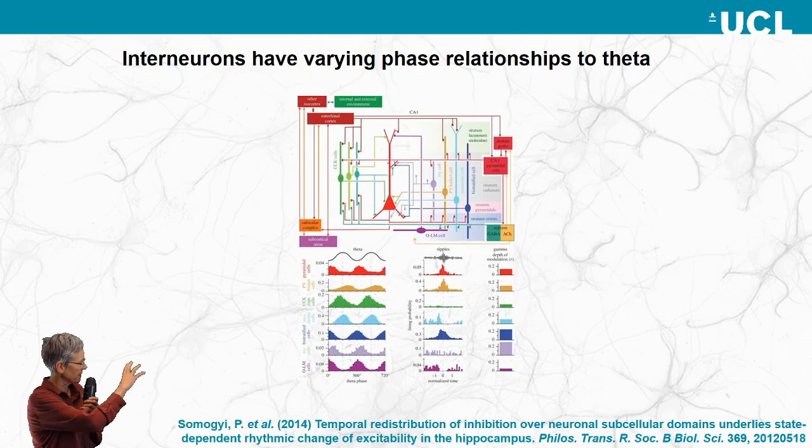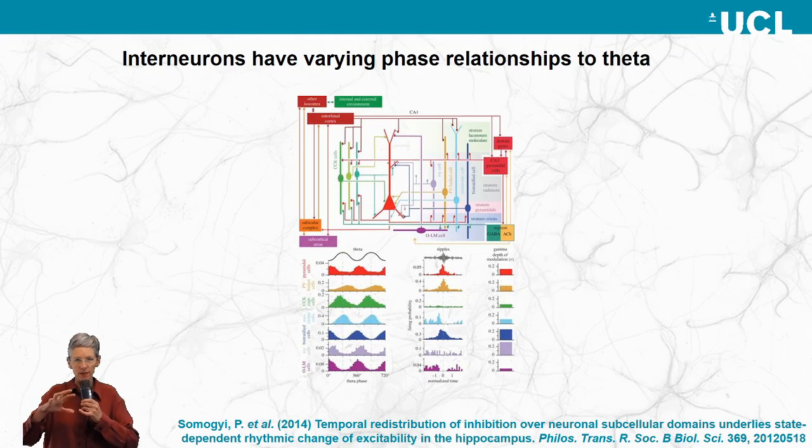If you look at these different neurons in terms of the phase of theta at which they fire, each neuronal subtype has a different preferred phase of theta. So we're really building up a picture of these interneurons as being like an orchestra, many different types of neurons, and they're collectively shaping activity. And we don't even begin to understand yet exactly what they're doing. So that's a big question to be solved in future.